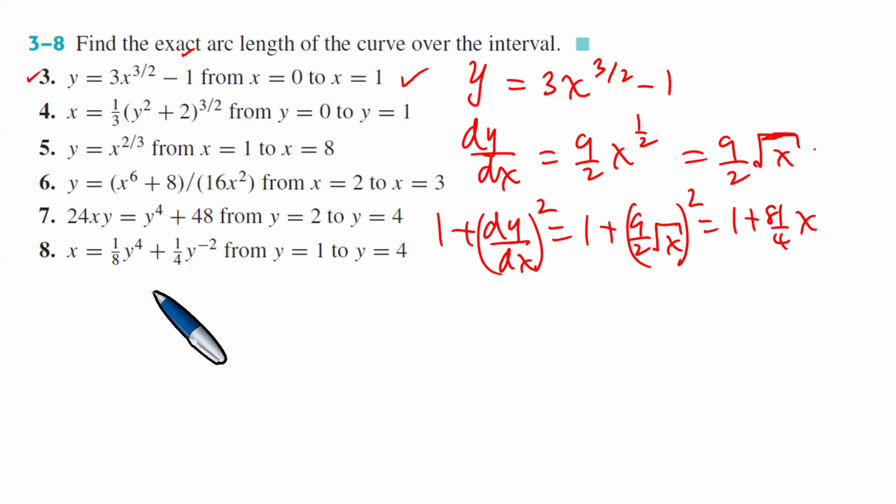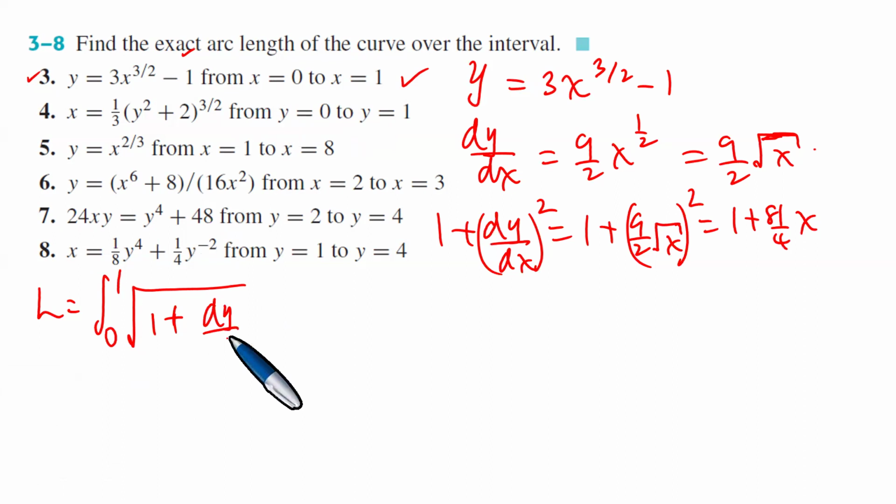Let's finish this off. So what is the answer? Then we do the arc length, but it's for the x. So we're going to use the formula from a to b. You can just substitute to avoid wasting time. So x is from 0 to 1, the square root of 1 plus dy dx squared dx.